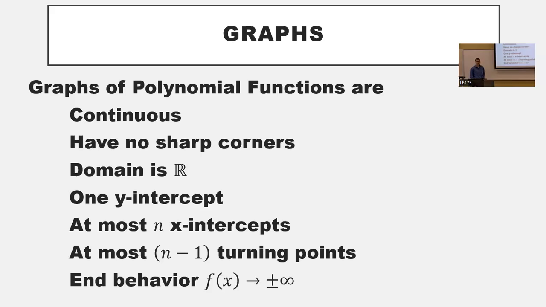So if it's a 3rd degree polynomial, it can only cross the x-axis at most 3 times. If it's a 4th degree polynomial, it can only cross the x-axis at most 4 times. It could be less. If it's a 4th degree polynomial, it may never cross the x-axis. It could cross the x-axis at 1 spot, or 2 spots, or 3 spots. But it's anywhere from 0 to n x-intercepts.